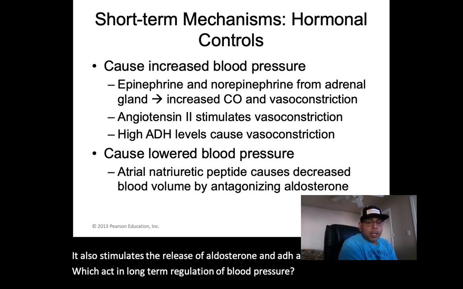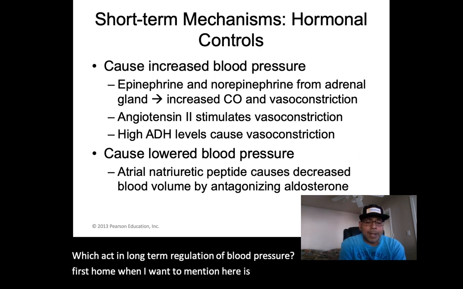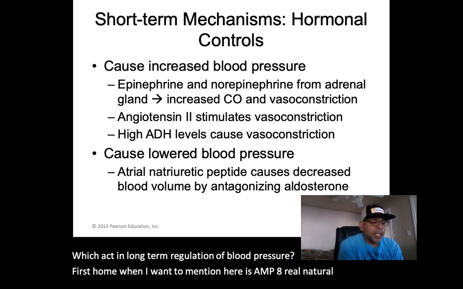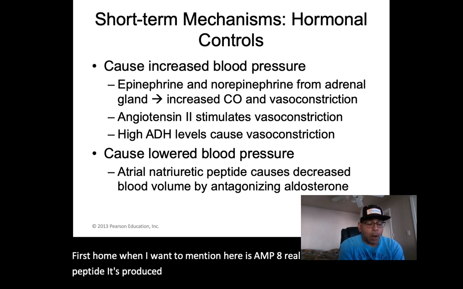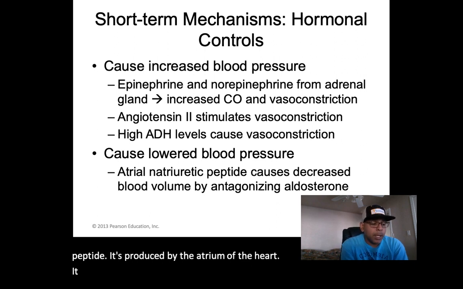First hormone I want to mention here is ANP, atrial natriuretic peptide. It's produced by the atria of the heart. It causes blood volume and pressure to decline.